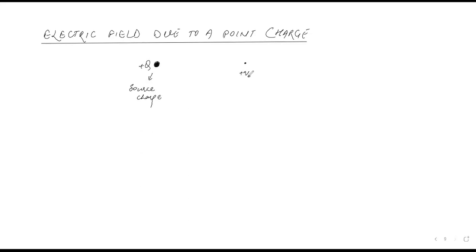Remember that this is the test charge, and the test charge is always positive. The test charge is never negative. You can write at any corner of your page: Q naught is the test charge. The test charge is always positive. Remember.